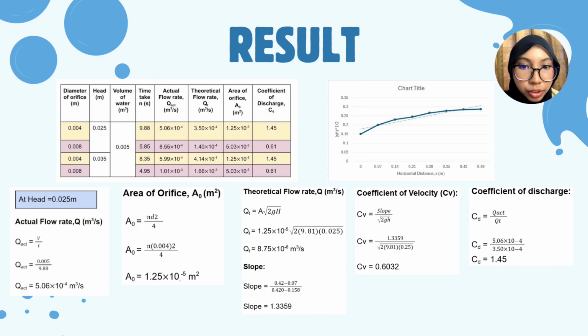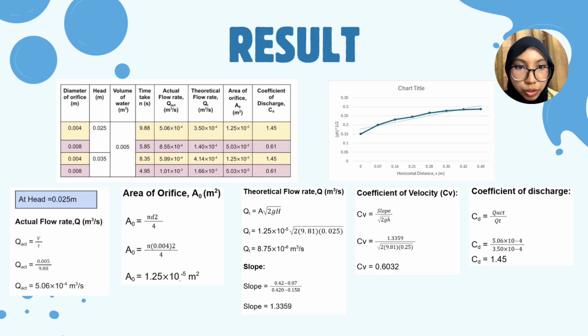And then we substitute into the theoretical flow rate formula, which is Q theoretical equals area times the square root of 2gh. And then we get 8.75 multiplied by 10 to the power of negative 6 m³ per second. So before we find the coefficient of velocity, we need to find the slope.